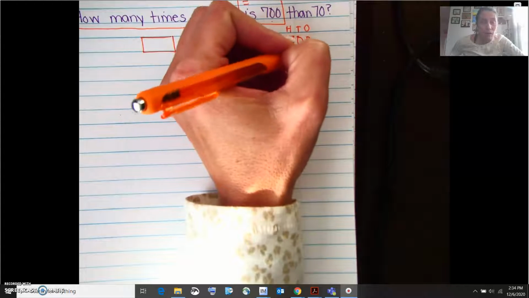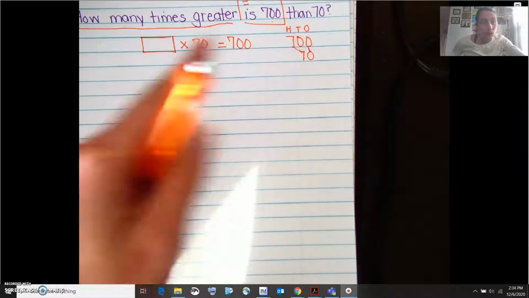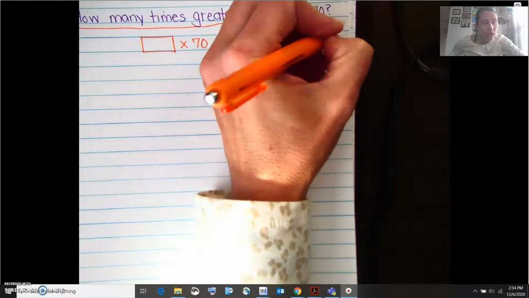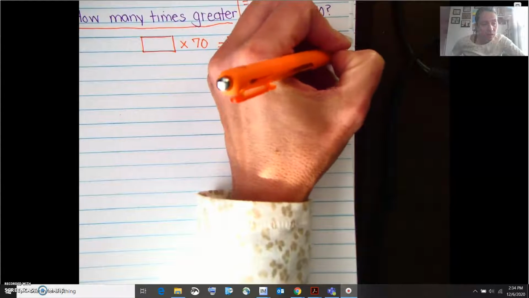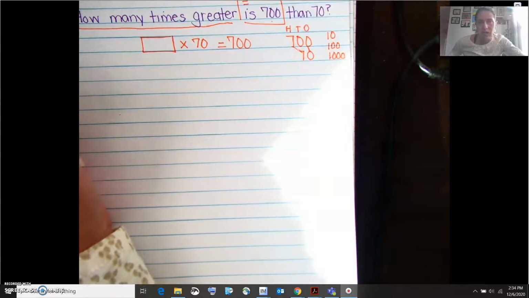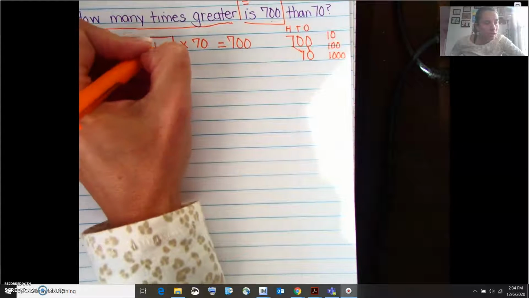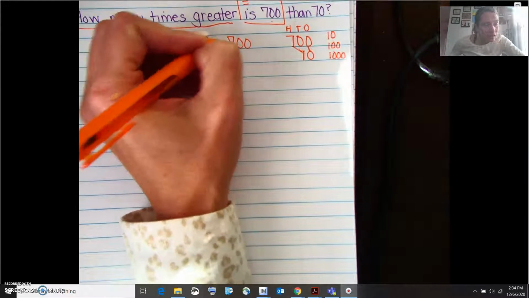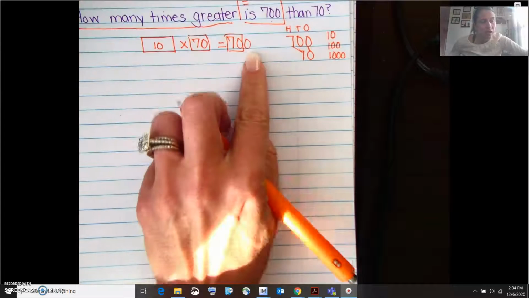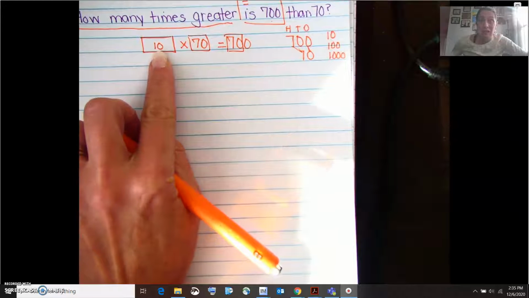We have 1, don't we? Because this matches up and this matches up. We have 1 zero. So if we're looking at our times 10, times 100, times 1,000, which one of those has 1 zero? That's right, 10. Or you can look at it this way and say, here's 70, here's 70. I have 1 more zero, so that means it's a 10.